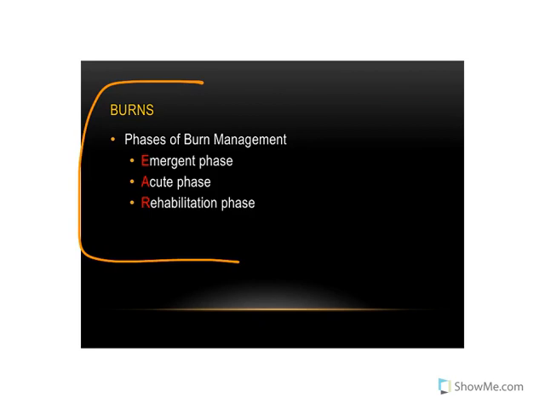Phases of burn management: the biggest one for us is going to be the emergent phase, and that starts from the point of onset of the burn until we start making urine. So big nursing priorities would be I's and O's and fluids, and above those would be airway, breathing, circulation. Your acute phase is when you begin making urine.